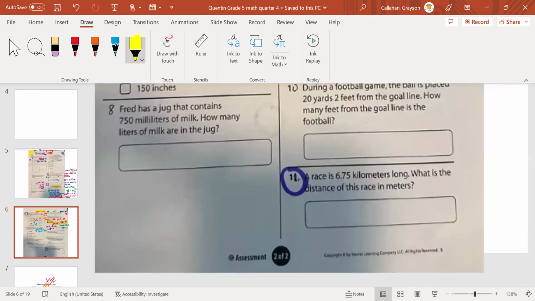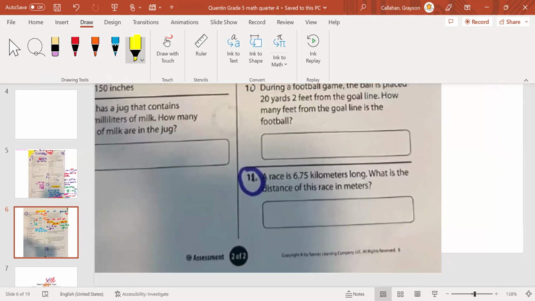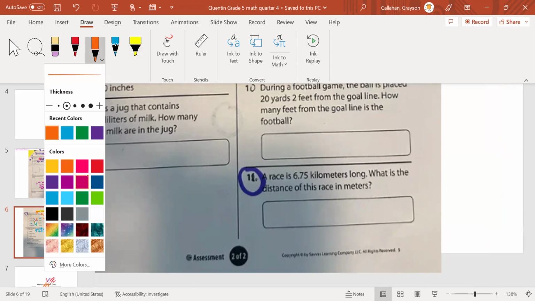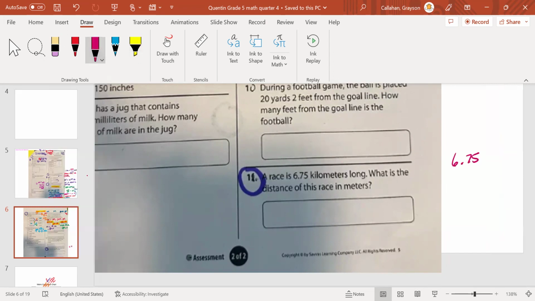Is it 11? Go ahead and read it. 7.5. What is the difference in meters? Okay, so you're gonna go from kilometers to meters. Blank meters, right?